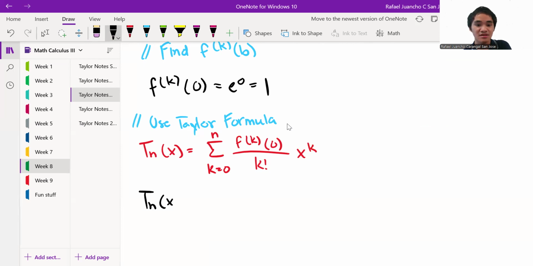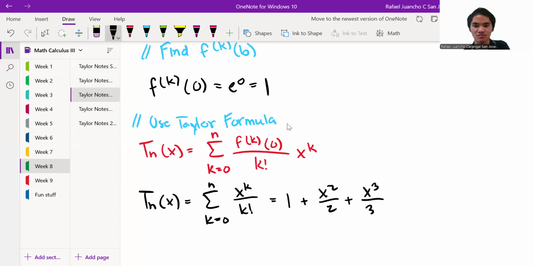Now let's actually apply it. This thing is 1. So actually, it's just x to the k over k factorial. And so if I start at 0, 0 factorial, and then 0 of this is 1, I add this is 2, this is 3, 3 factorial, 2 factorial, going all the way to n factorial.